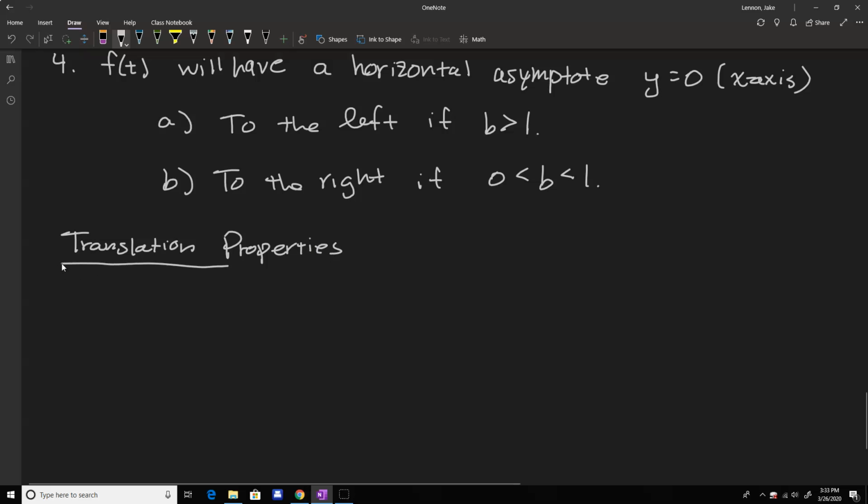So let's make two constants. Suppose h and k are positive constants.